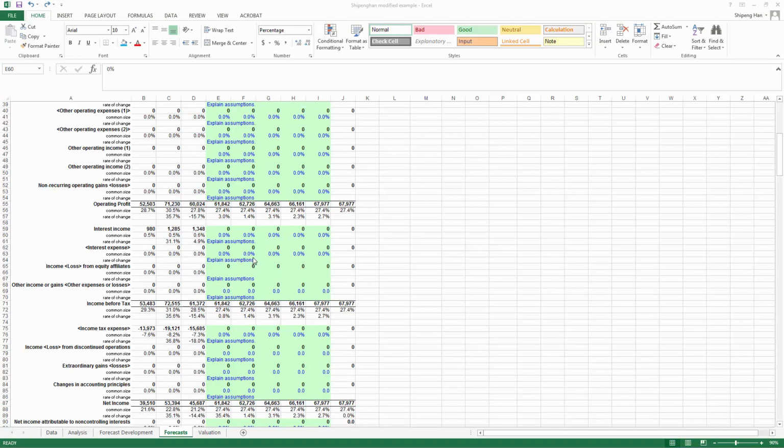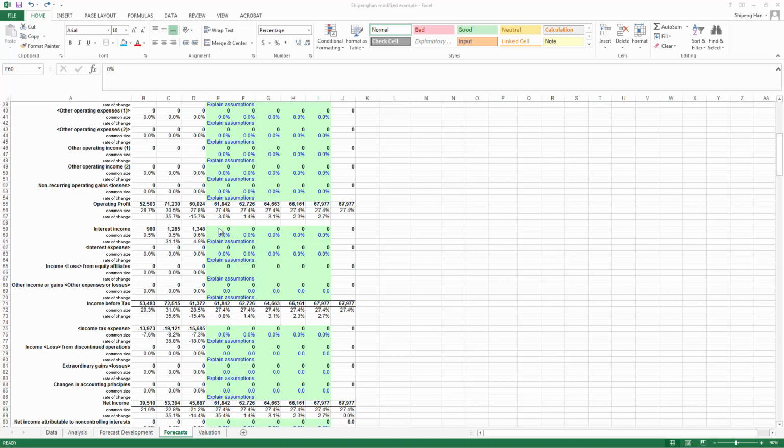Both interest income and interest expense are reported after operating profit. And interest income is generated from interest-bearing investments, financial investments.